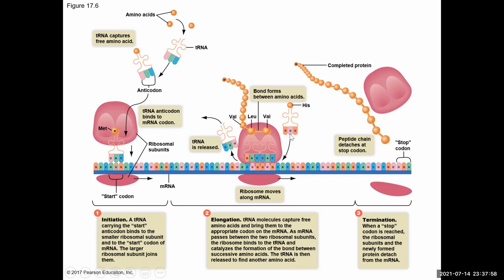The tRNA will bring in the one for the GUG, and then the amino acid will bind to the growing polypeptide, and this tRNA molecule will be kicked out, and then this one with the growing peptide chain will move over into this space, and then the new tRNA molecule will come in. Once it gets to the stop codon, the completed protein will be released, the large subunit will disconnect from the small subunit, and then the mRNA molecule will be released as well.